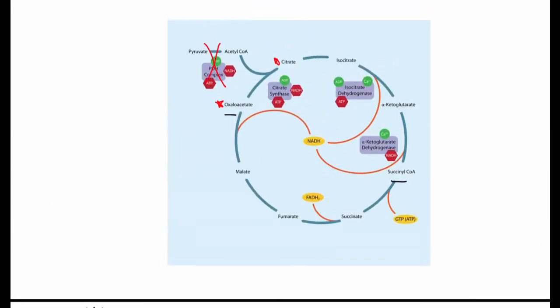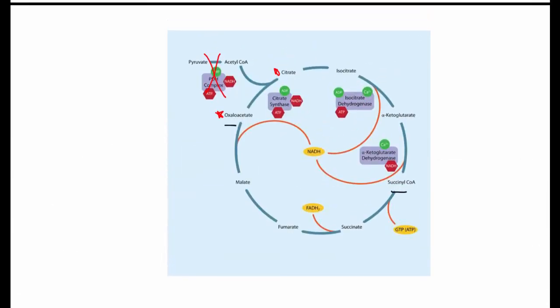So if we come up here and we look at this, each of those purple boxes, here, here, and here, represents the enzyme that catalyzes the first, the third, and the fourth steps of the citric acid cycle. So citrate synthase is the first step, isocitrate dehydrogenase is the third step, and alpha-ketoglutarate dehydrogenase is the fourth step.